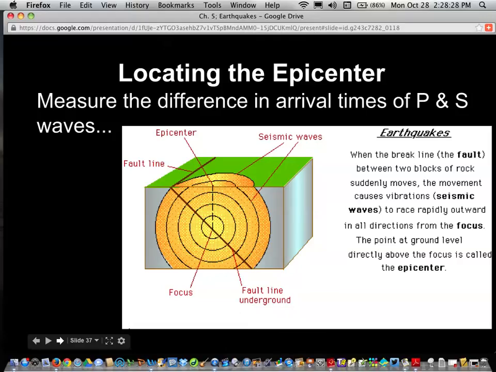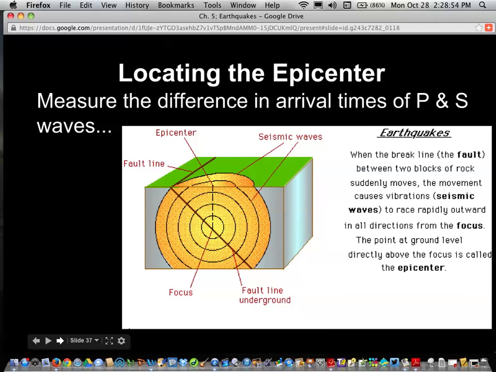Notice that the focus is right on the earthquake, and that this happens to be, what? Is this a normal fault or a reverse fault? Yeah, it looks normal. It's a normal fault.